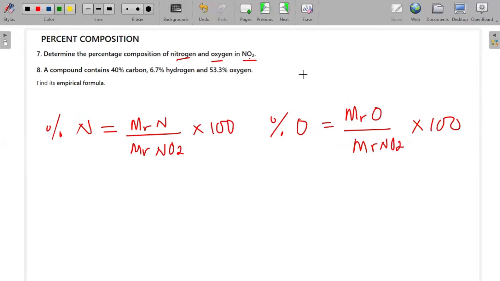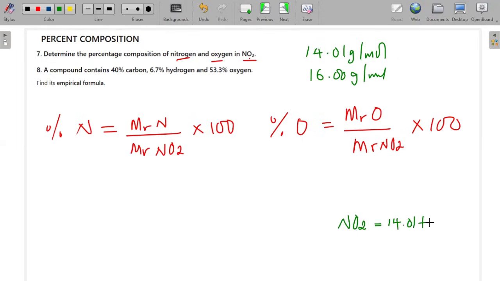I know the molar mass of nitrogen, and you can confirm from the periodic table. To 2 decimal places, it's 14.01 grams per mole, and for oxygen, it's 16.00 grams per mole. Let's first find the molar mass of NO2. It will be 1 nitrogen, which is 14.01, plus 2 multiplied by the oxygen, which is 16.